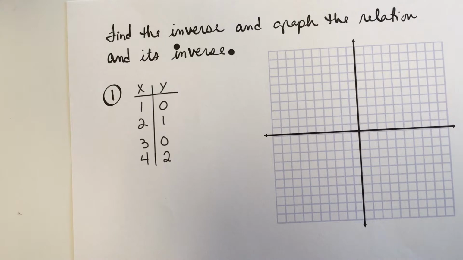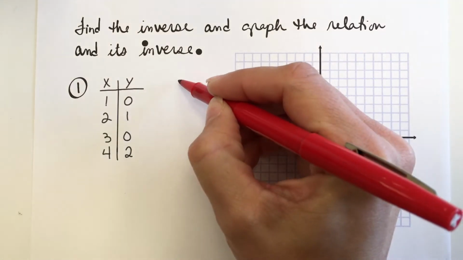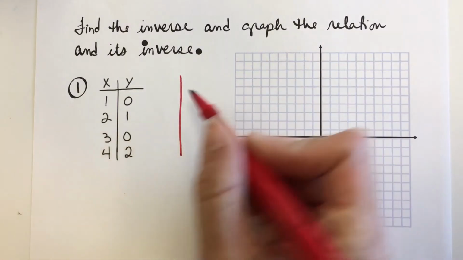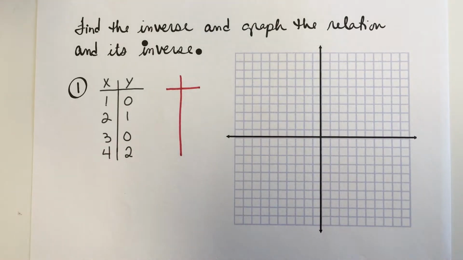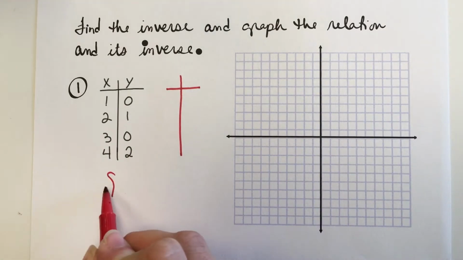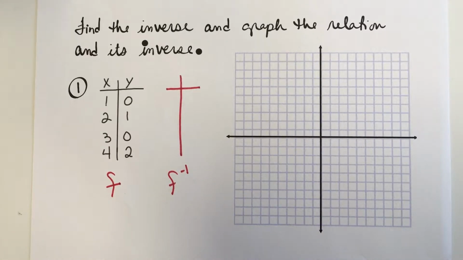Okay, so you're given a table here, and these ordered pairs are part of a function, okay? And it wants you to find the inverse of this function, and then also to do the graphing. Now, to make a table that's going to represent the inverse, this is like your original function, and this is going to be your inverse, okay?